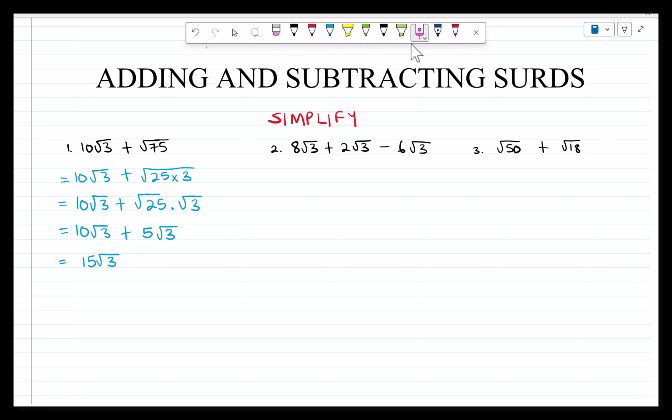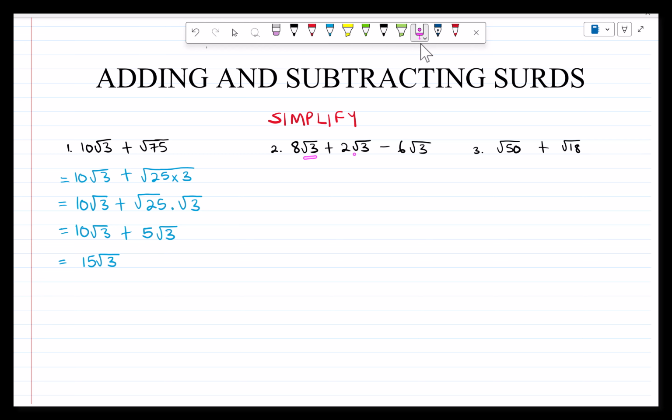What we add are the coefficients of this square root. So that would be adding 10 plus 5, giving us 15 root 3. If we look at number 2, we have 8 root 3 plus 2 root 3 minus 6 root 3.